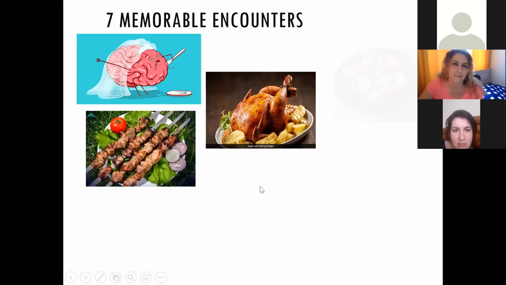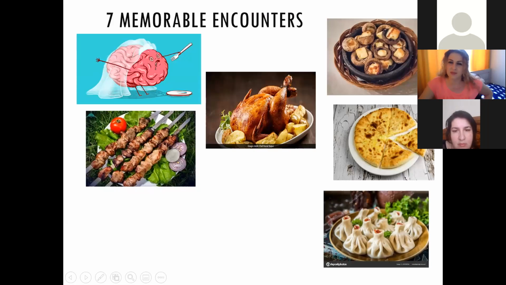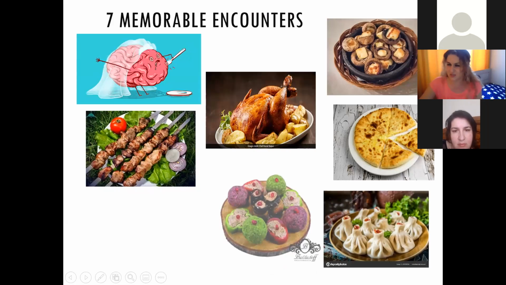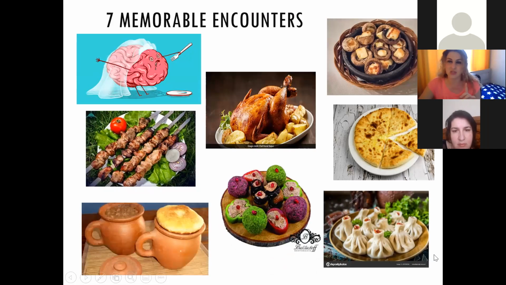What's wrong? Okay, memorable encounters. You can see here that the brain is hungry, right? Imagine that you are going to eat these seven types of dishes, which will be connected to strategies that activate your emotions or your memory skills and help you move this information into long-term memory.